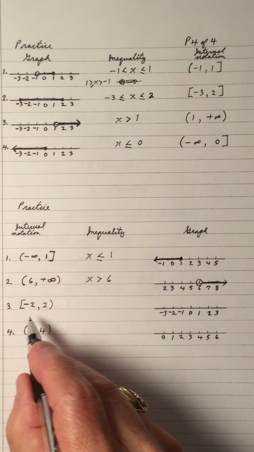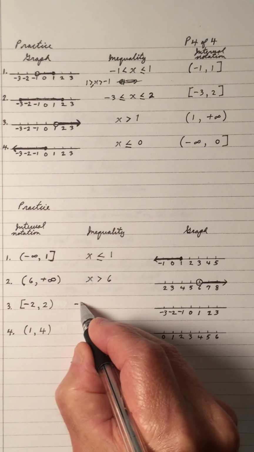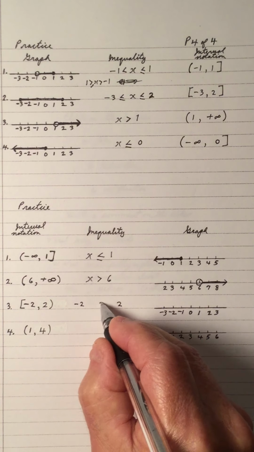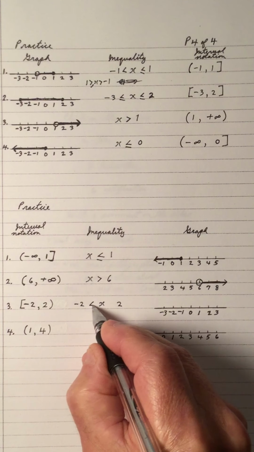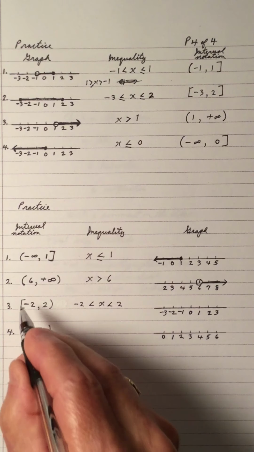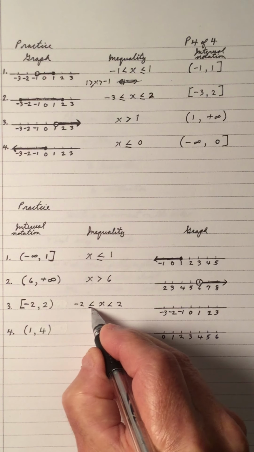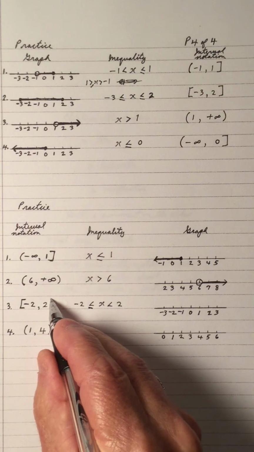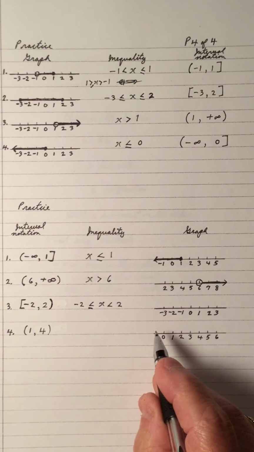Number 3, we have an inequality in between, so that starts at negative 2, ends at 2, and we got an x. So we take it in the order that it is in, negative 2 less than x, less than 2, but it's a square bracket there, so that's equal to, negative 2 is less than or equal to x, and there's an open bracket, so there's no equal sign there.